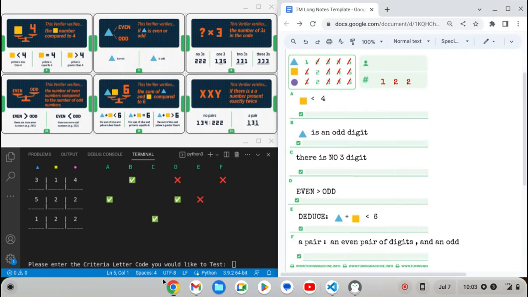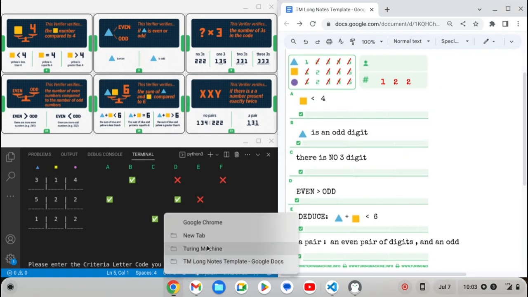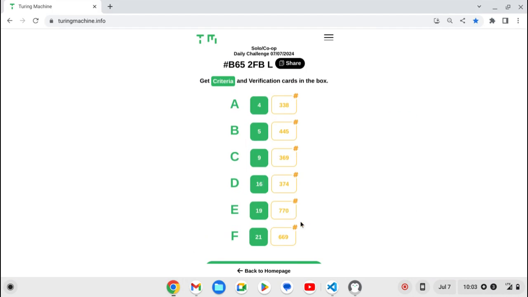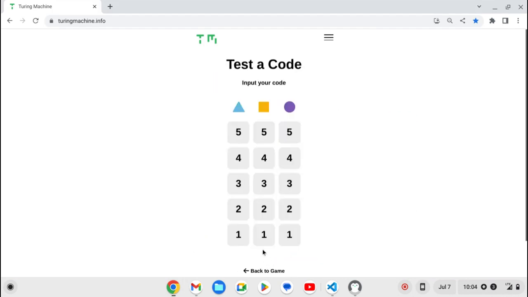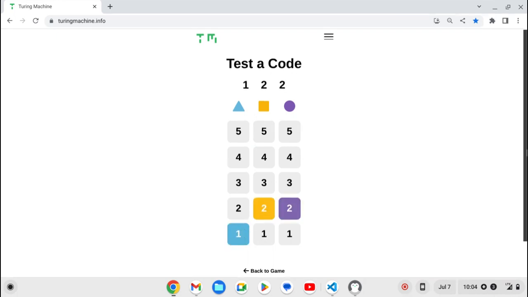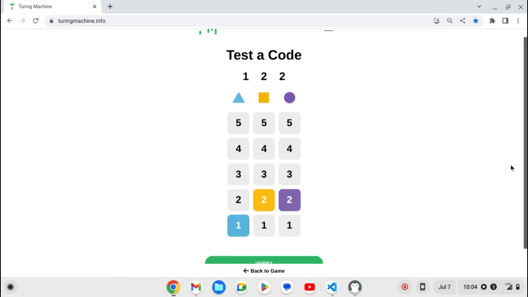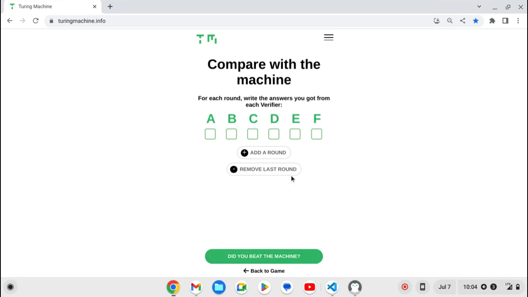Okay, well, let's go to turingmachine.info and verify the solution of 1, 2, 2. So 1, 2, 2. Yes, okay, fantastic. But here's the true test. How did we do?